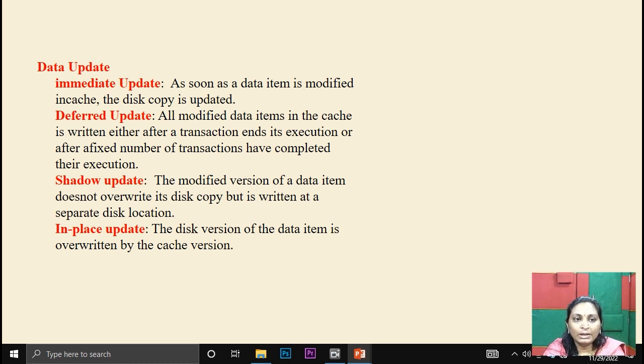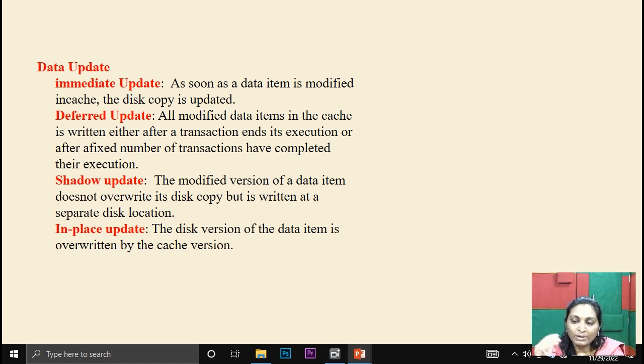Immediate update. In immediate update, as soon as the data item is modified in the cache, the disk copy is updated. If the data item is modified again, the disk copy is updated again, that is immediate update. Next, deferred update. All modified data items in the cache are written either after a transaction ends its execution or after a fixed number of transactions have completed their execution.